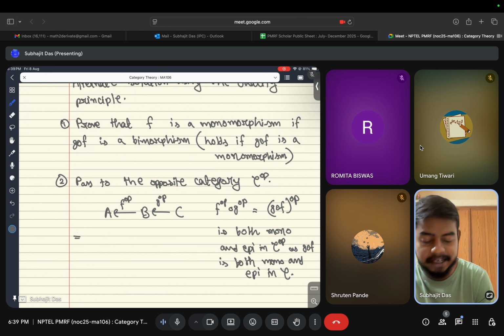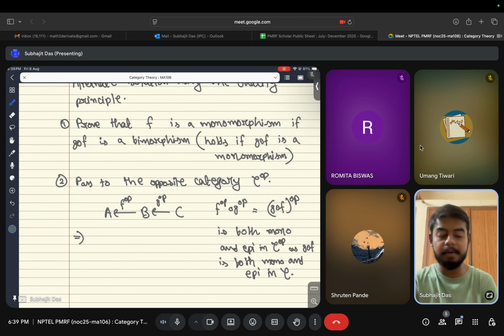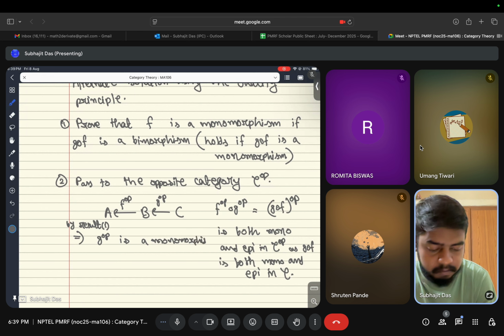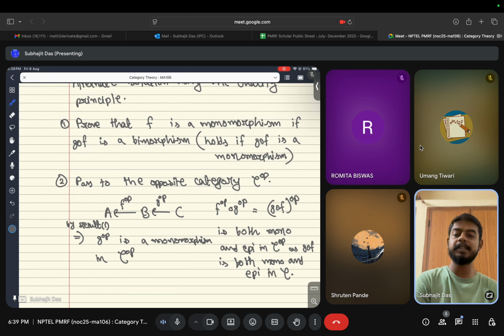So this implies, since F op composed with G op in the opposite category C op is a bimorphism, by result 1, the first morphism, which is G op in this case, is a monomorphism in C op.